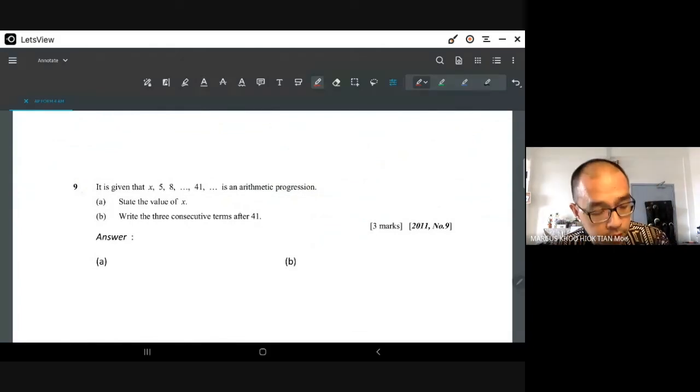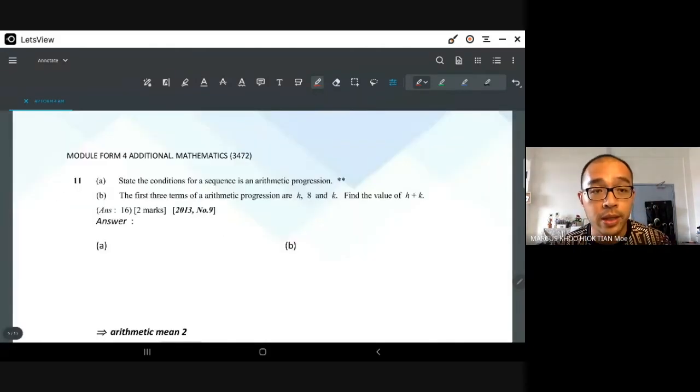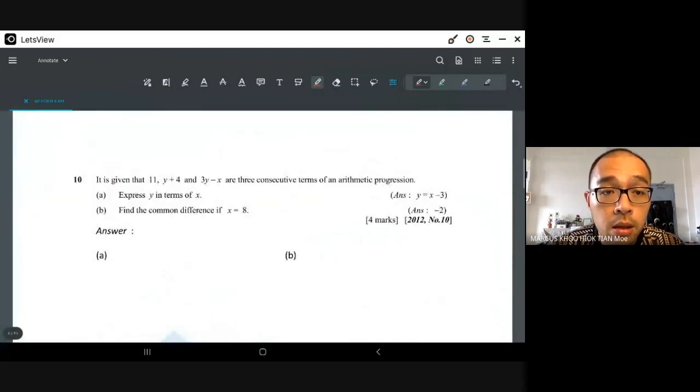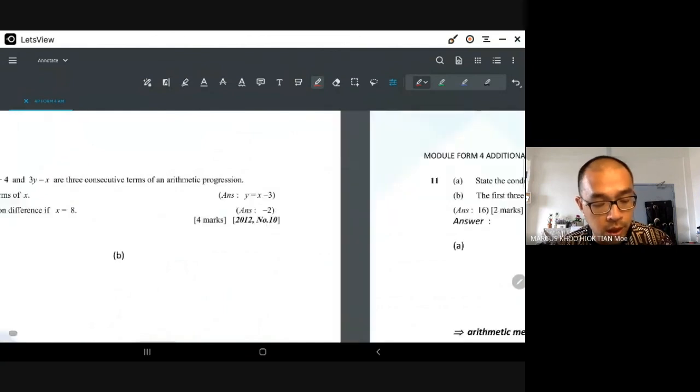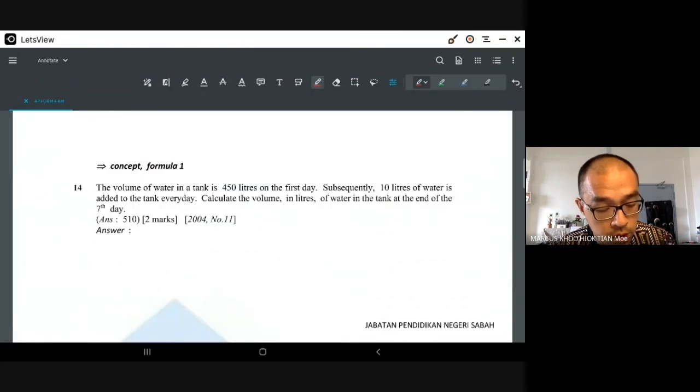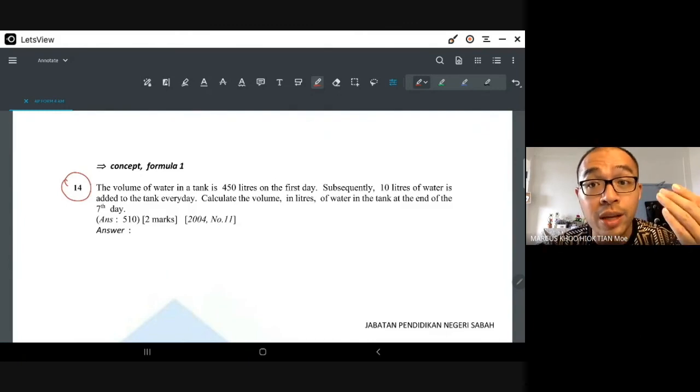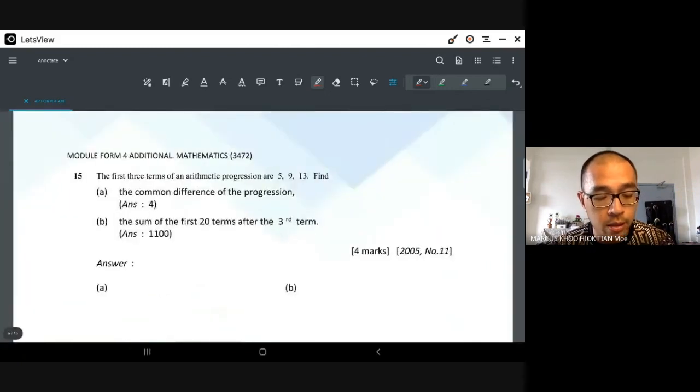Ken, you can do question number 9. Question number 9 quite easy. Mana question number 10? Okay, question number 10 also you can do. Question number 14. Okay guys, I'm just going to give you the questions that you can do. Okay, ini bukan homework, tapi kamu boleh buat soalan ini. And it's good to do these questions so that you don't forget what you learned today lah. Okay, so saya hanya bulatkan saja.